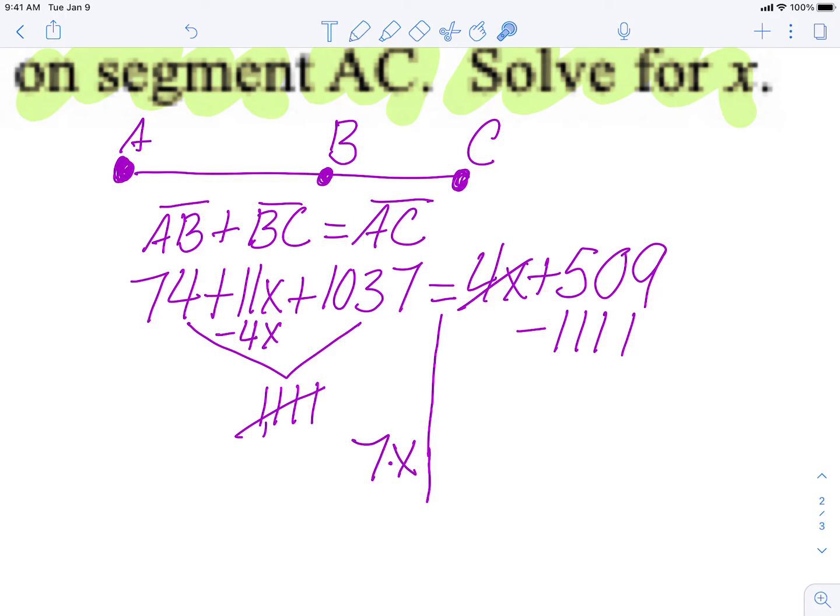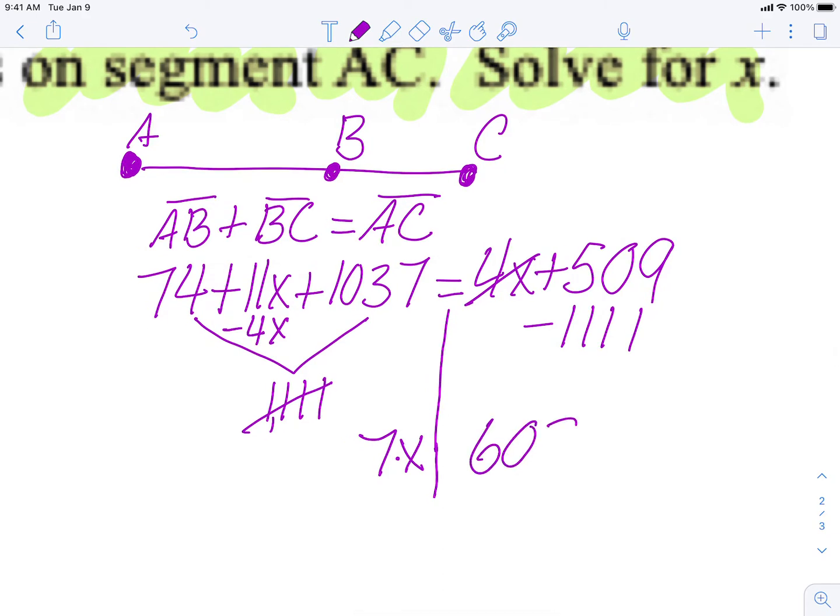So these two right here, I'm going to use the calculator again. And since they are different signs, I got to subtract them. So 1111 minus 509 is 602. So 602. And it's going to be a negative because 1111 is a negative and it's bigger than 509.